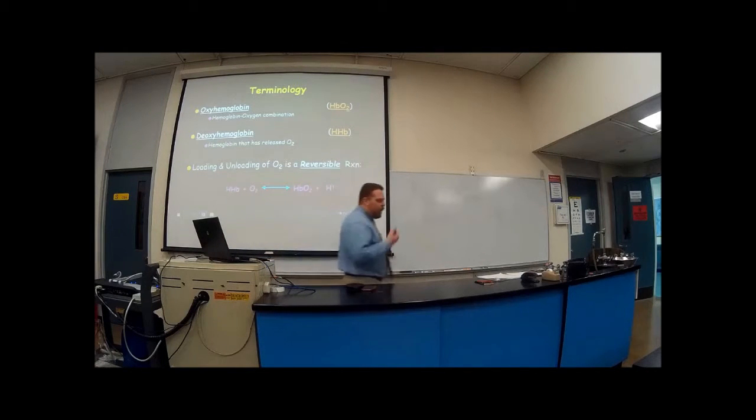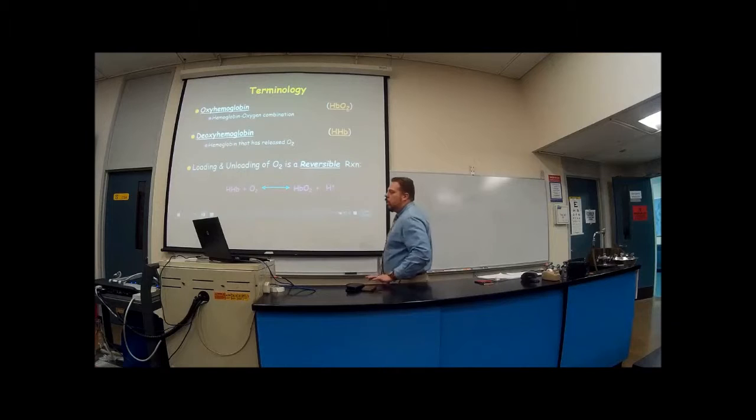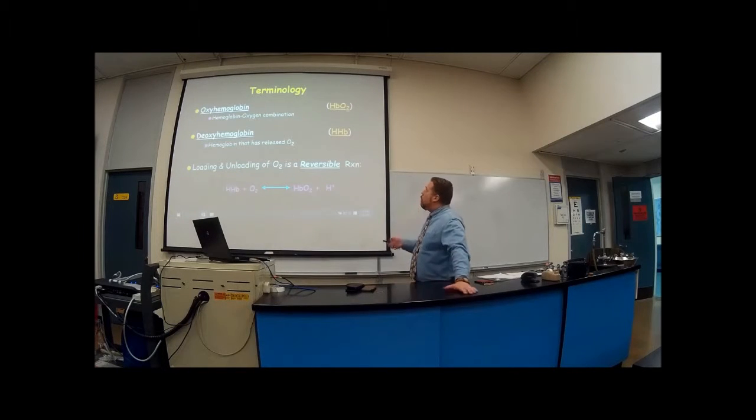Now here's some terminology. Oxyhemoglobin is when we have oxygen on the hemoglobin, and we refer to it as HbO2. You'll be seeing that quite often. Deoxyhemoglobin is when oxygen has been released off of hemoglobin, and we show it like this, HHb. Okay?